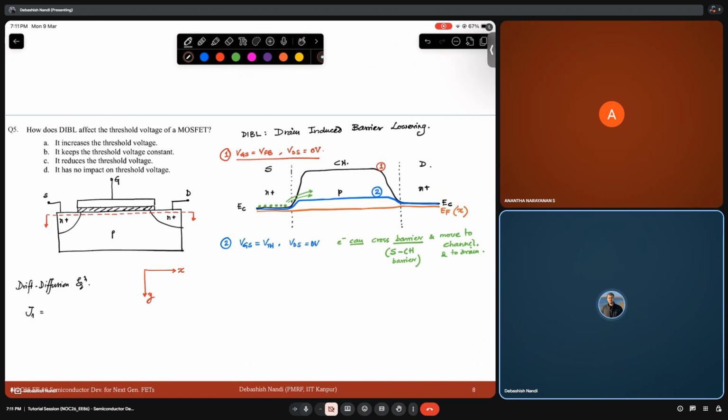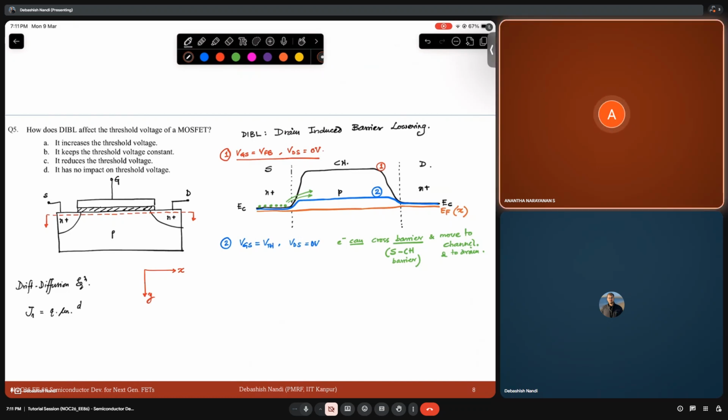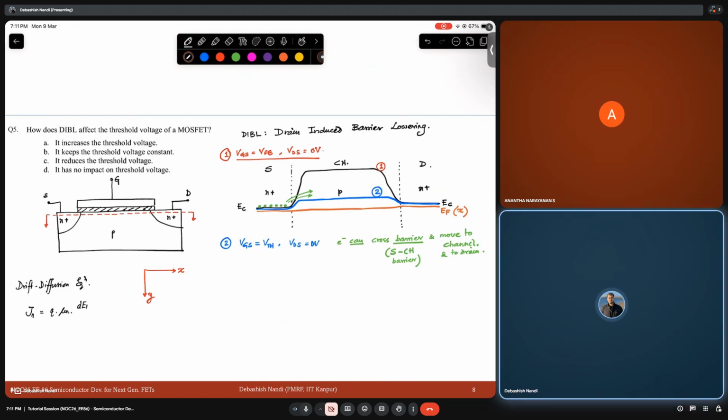Jn is equal to q mu n n into dEfn by dx.